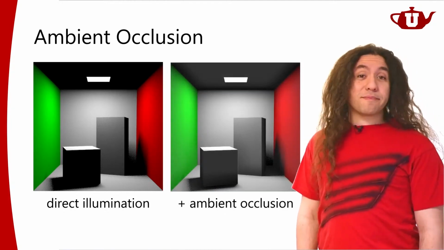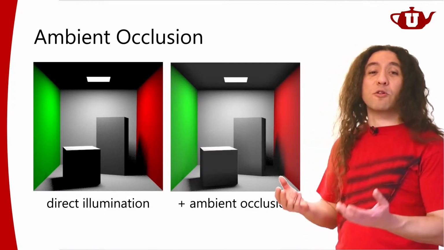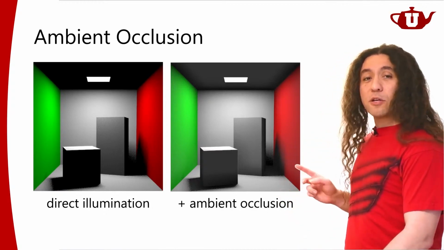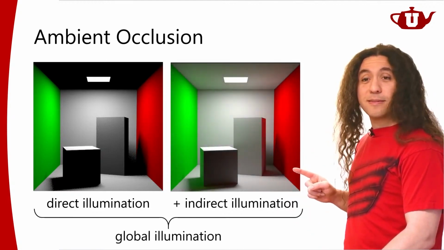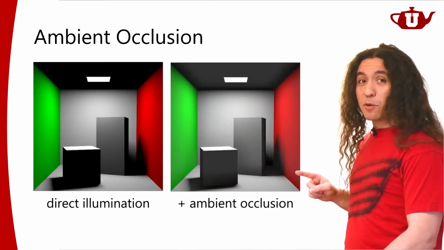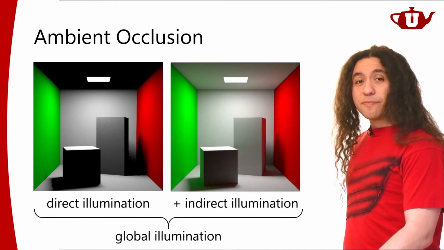But obviously, this is not indirect illumination, right? So it's not giving us the global illumination solution. So if I show you the global illumination solution in the scene, it looks like this, right? So this is just ambient occlusion added to direct illumination, and this is indirect illumination.